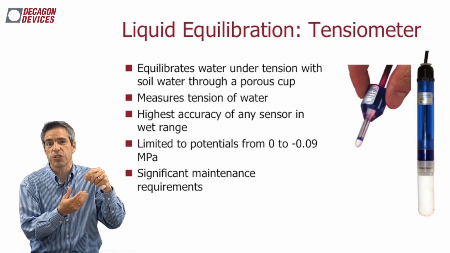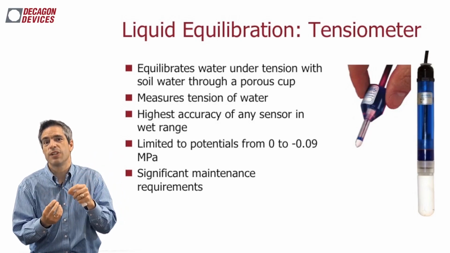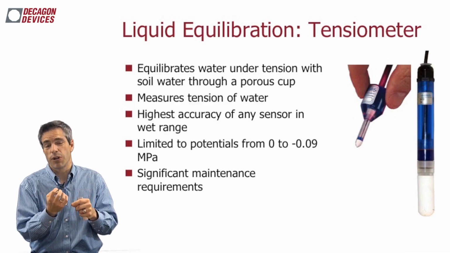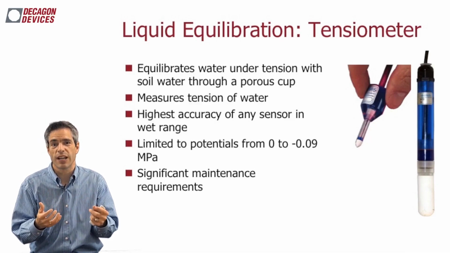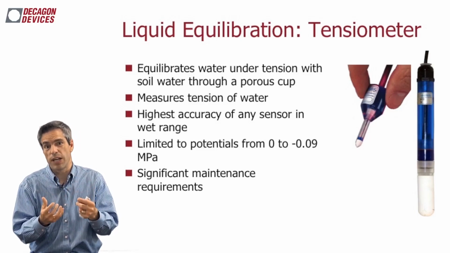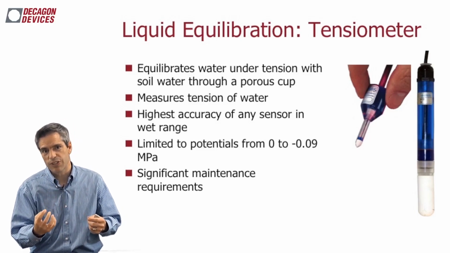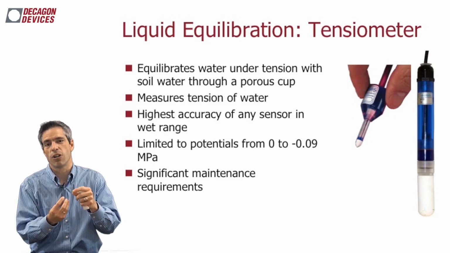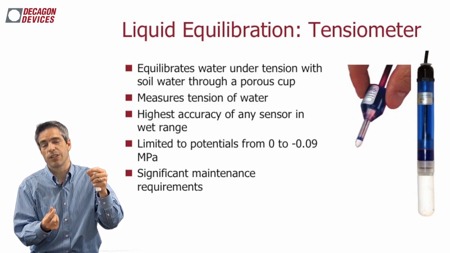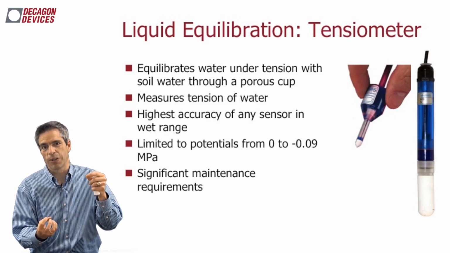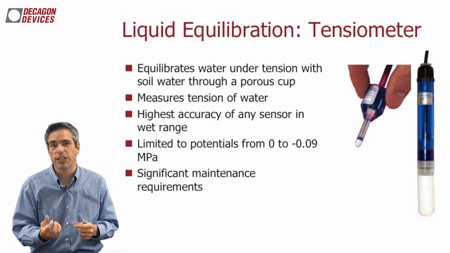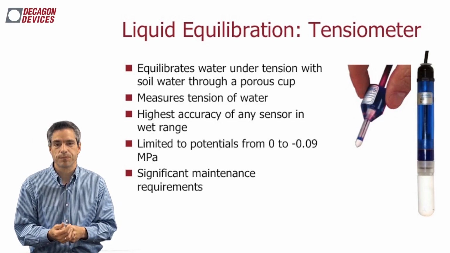Instead, at that end, there's a pressure transducer. And when you stick it into the soil, assuming it's not at zero water potential, not at saturation, it is actually, depending on the water potential, going to suck water out of that column. And because it's sealed on the other end, the pressure transducer can measure that pull of water, and we can get a direct reading of water potential in the soil.